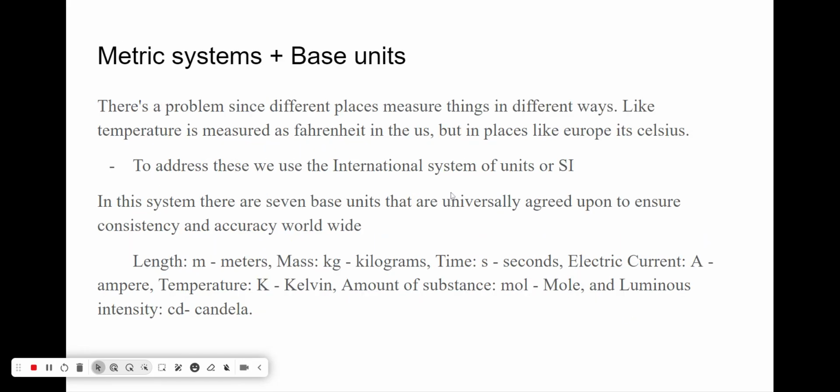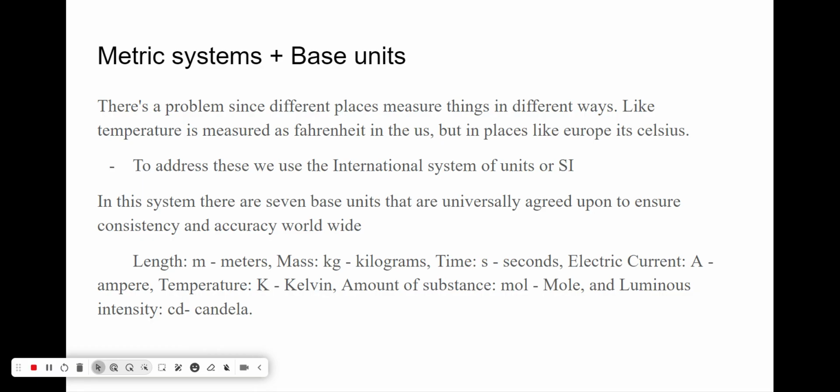So there is a problem since different places measure things in different ways. Like temperature is measured as Fahrenheit in the US, but in places like Europe, it's Celsius. And to address this problem, we use the International System of Units, or SI. In this system, there are 7 base units that are universally agreed upon to ensure consistency and accuracy worldwide.